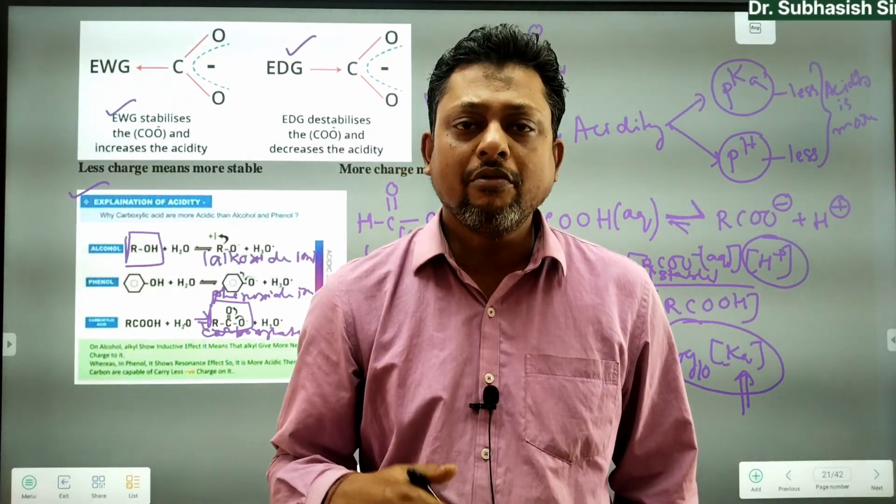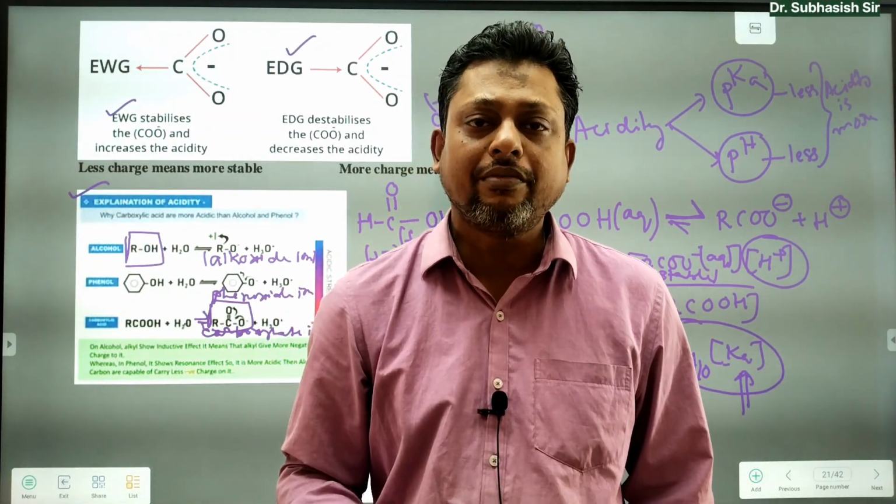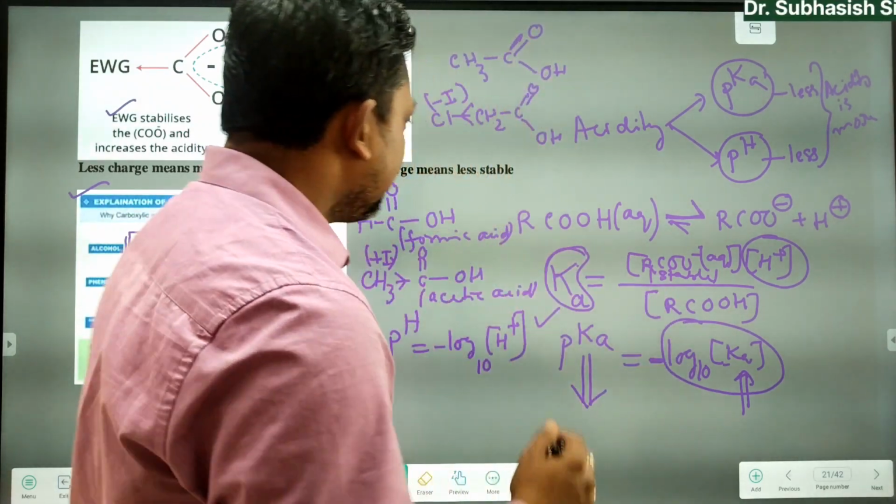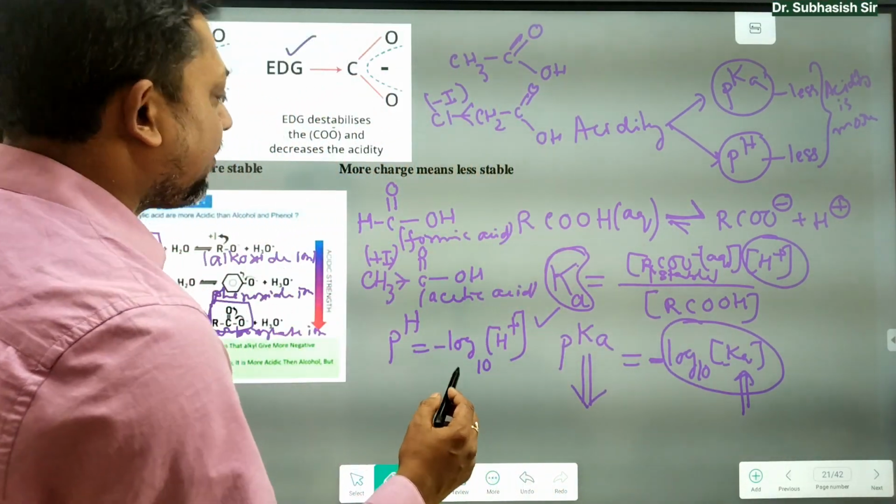Now the question also you can write, how we can explain the stability of alkoxide ion, or how we can relate the acidity of alcohol? Well, again the same concept we can apply.